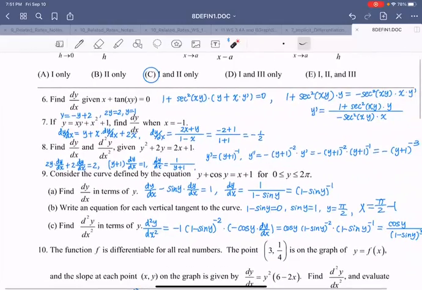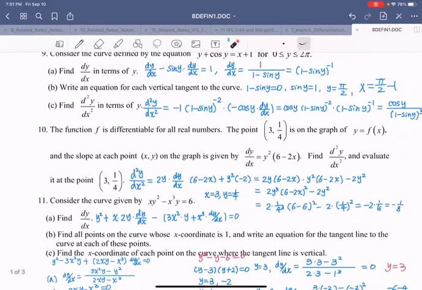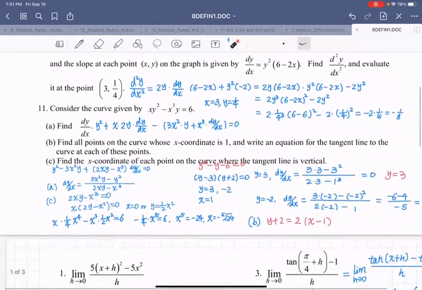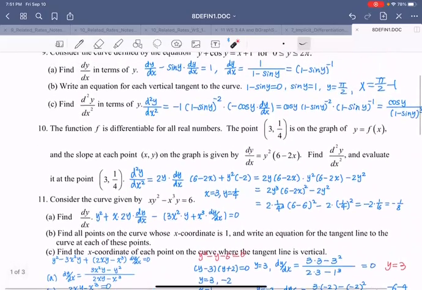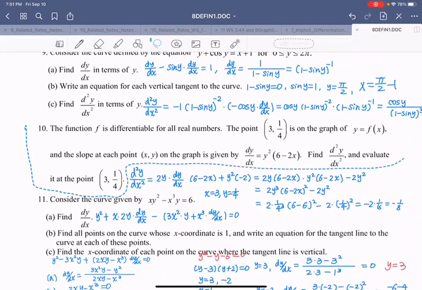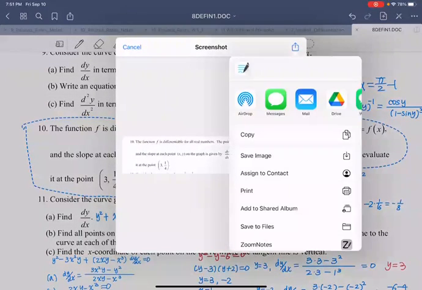Let's also do another one. Some of those questions look very complicated. Let's see number 10. Many of the questions here are from real AP Calculus BC tests.